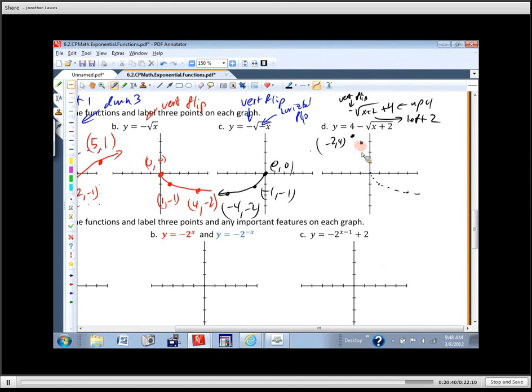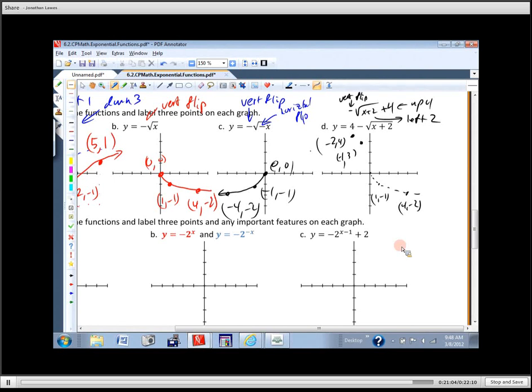Let's make sure we've got this point figured out. If we were at 1, -1, and I went up 4, that would give me a y coordinate of 3, right? If I was at 1 and I went back 2, that would put me at an x coordinate of -1. Everybody good there? Okay, this point right here is 4, -2.